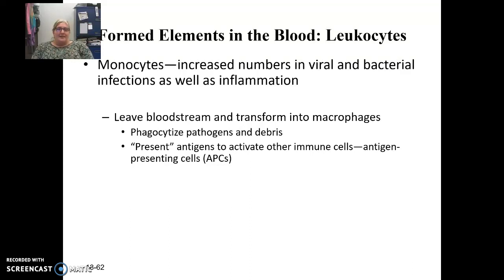They can phagocytize pathogens just like neutrophils can, but they do a much better job, and they can do it for a lot longer. They also become antigen-presenting cells, which means they can present a pathogen on the surface of their cell to activate immune responses.